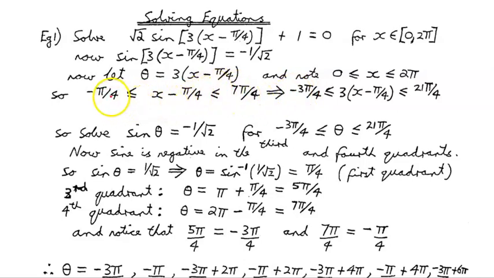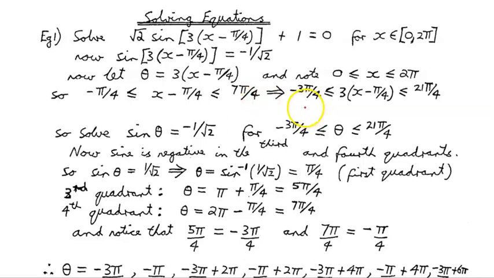We have 0 minus pi on 4 is minus pi on 4. x minus pi on 4 is x minus pi on 4. 2 pi minus pi on 4 will give us 7 pi on 4, since 2 pi is the same as 8 pi on 4, minus pi on 4 gives us 7 pi on 4.